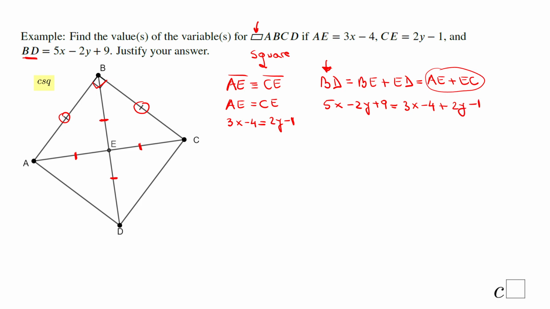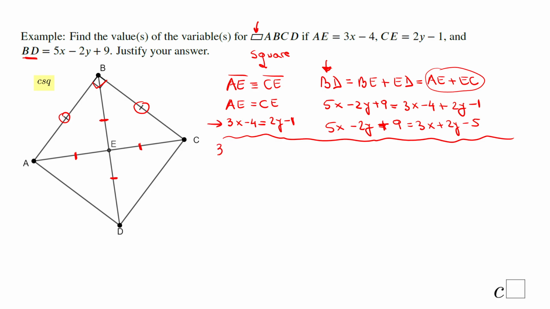Okay, so if we simplify this one a little bit, 5x minus 2y plus 9 equals 3x plus 2y minus 5. So now we have these two equations. I will suggest to bring x and y on the same side.